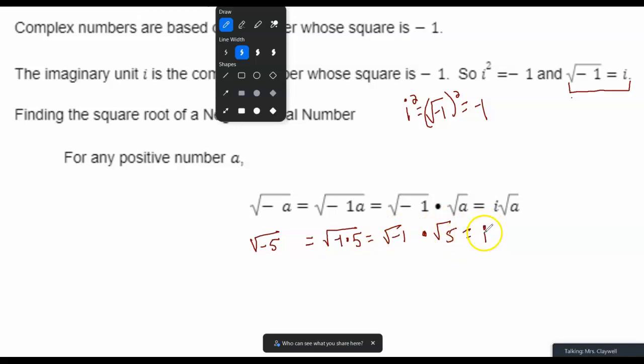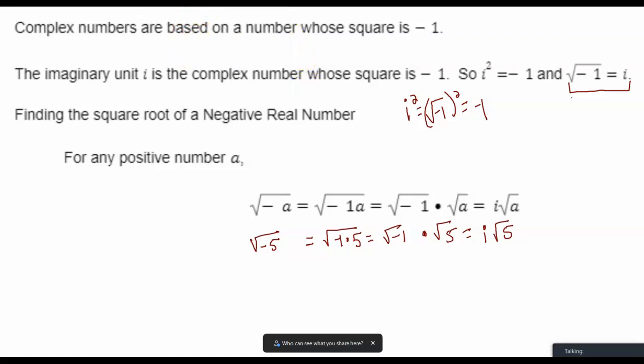So instead of a -1, I write an i outside of the radical.